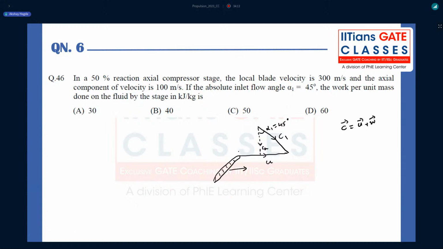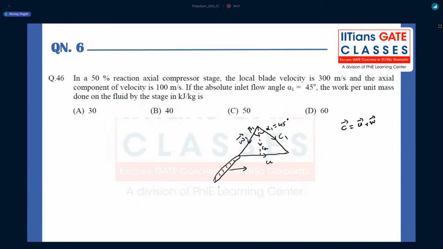So that means the rotor is already rotating, right? It is relative to the observer. So for an observer, it looks like the rotor is receiving a fluid with a relative velocity component W1 with an angle with respect to the axial component, beta 1, right?